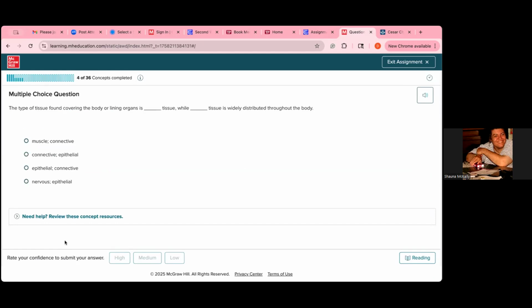The type of tissue found covering the body or lining of organs is blank tissue, while the blank tissue is widely distributed throughout the body.